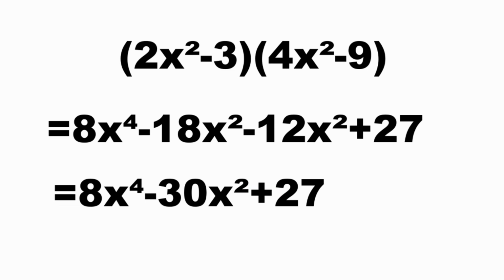So just remember that the first term of the answer comes from multiplying the first terms, and the middle term is the sum of the outer and the inner products.